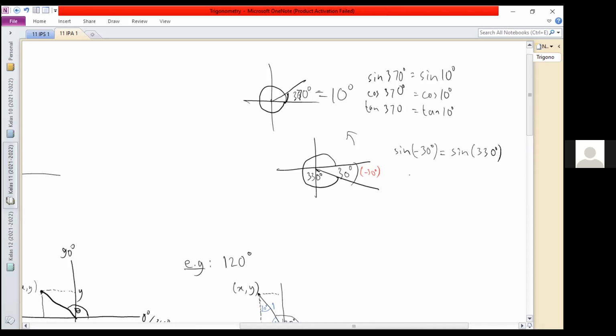This is also true for cosine and tangent, basically for all trigonometric functions. It also applies to the ones you haven't learned before, the cotangent: sin, cos, tan, sec, cosec, and cot. All of them work like this.